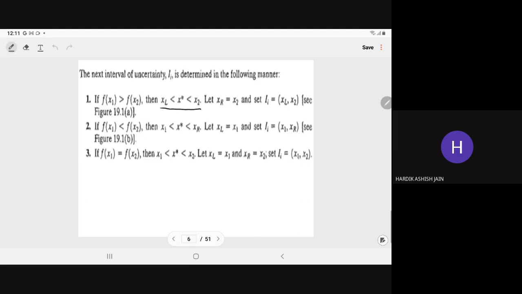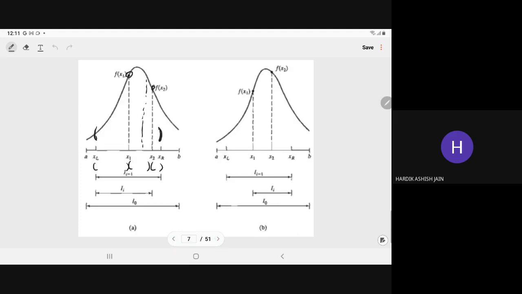Similarly, if f(x1) is less than f(x2), in that case we take the next interval as x1 to xr. Why can we not take x1 to x2?